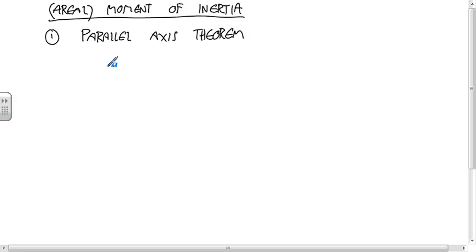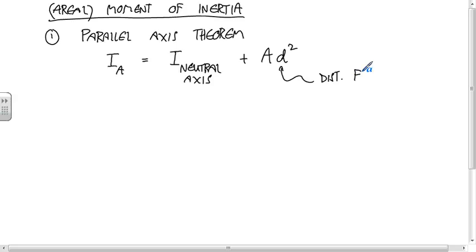If you're trying to calculate the moment of inertia about some axis A, then that's equal to the moment of inertia about the neutral axis plus the area times the distance squared, where this d is the distance from the neutral axis to A.